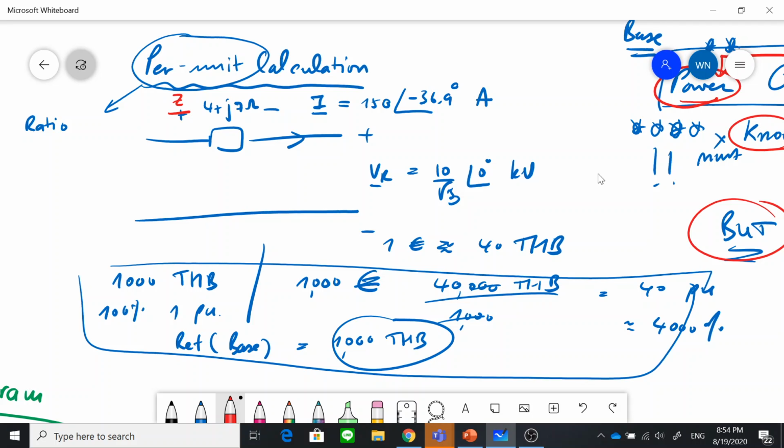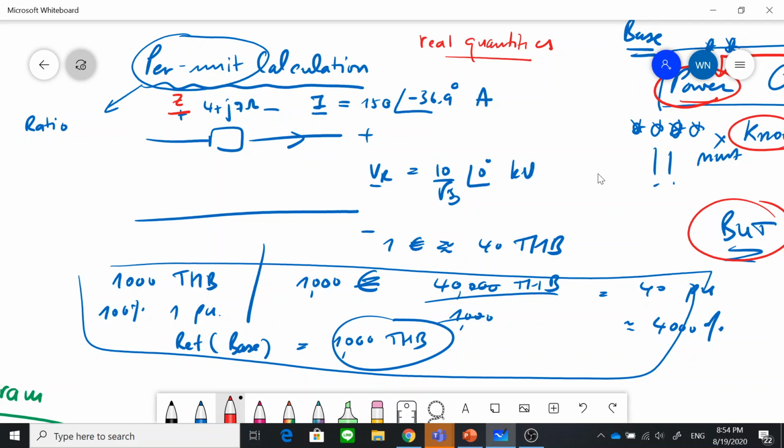For example, Z is in ohms, current is in amps, voltage is in volts. These are real quantities, where the value takes the original unit.